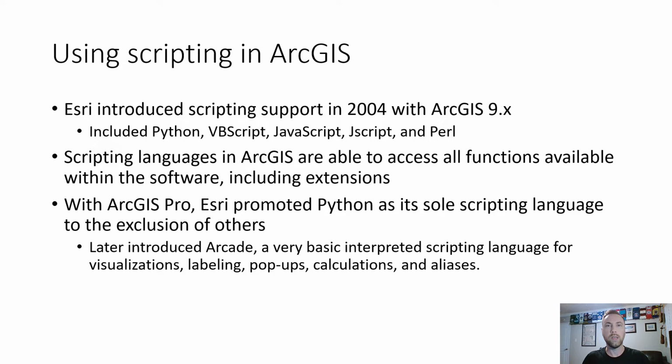Or you can use Arcade to run the calculation on the fly, then have that result displayed on the map, whether it be as a symbol, a quantitative value for symbology, or maybe a label, something like that. So Arcade is kind of an Esri specific distant cousin of Python, if you will, and like I said, it's very simple and accessible.